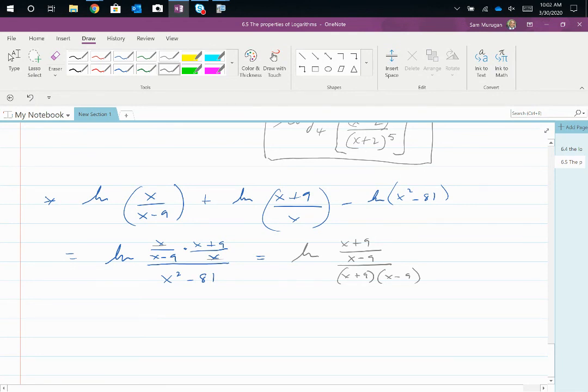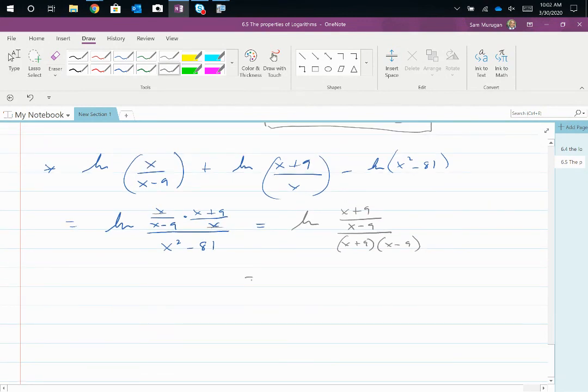So looking at how this is going to play out, this is logarithm of x plus 9 over x minus 9. Okay, that's the numerator. The denominator, we flip the denominator over and multiply.